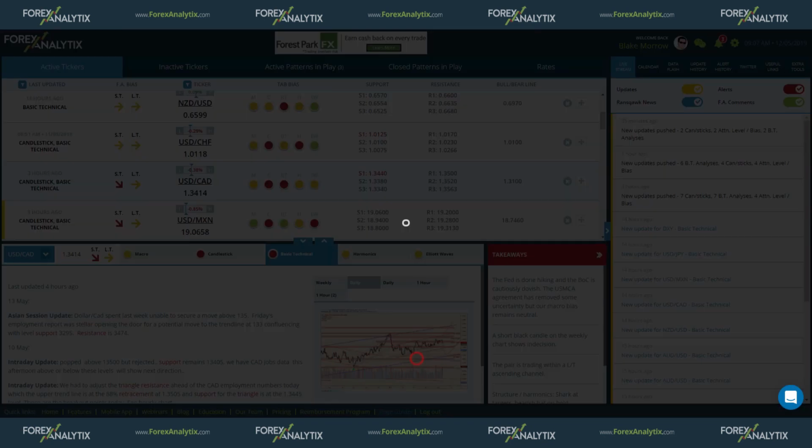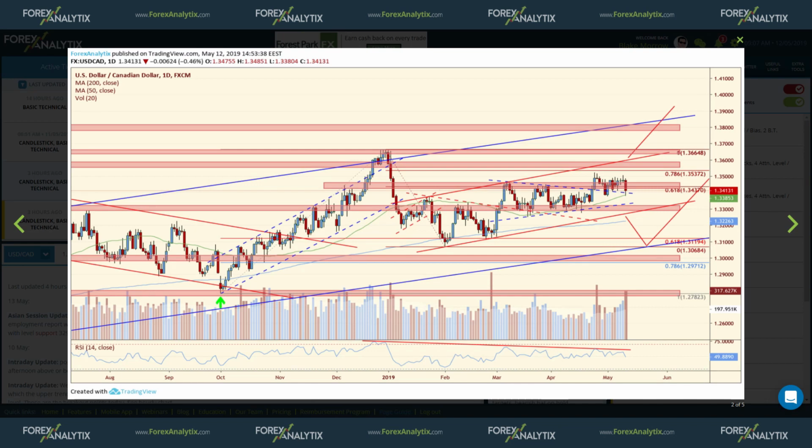But what I want to point out here is if you sold the dollar Canadian and tried shorting it below 34 cents on Friday, and it popped back up, you're frustratingly wondering why it's so strong.